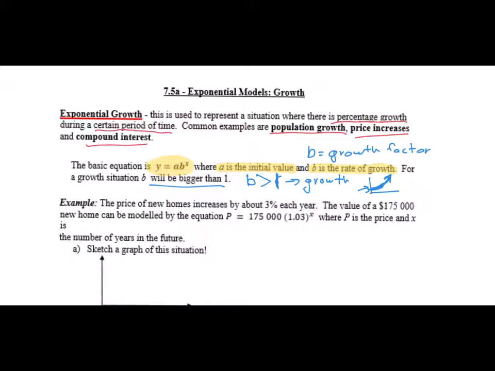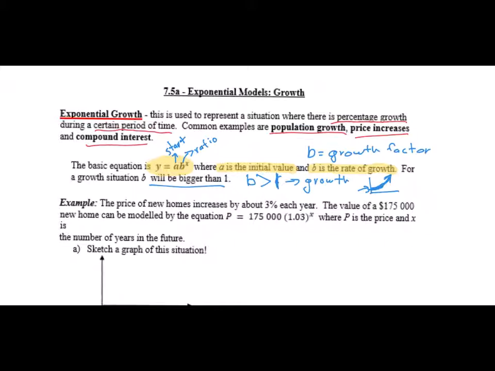Try to remember, we're always going to refer to the a value as the start, and the b value can also be looked at as the ratio that we multiply by to get to the next number every time.